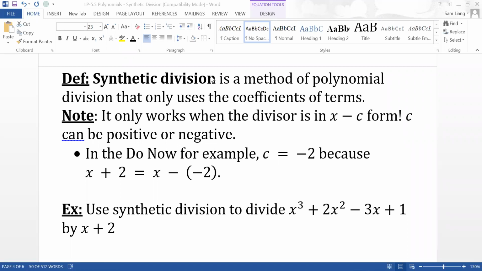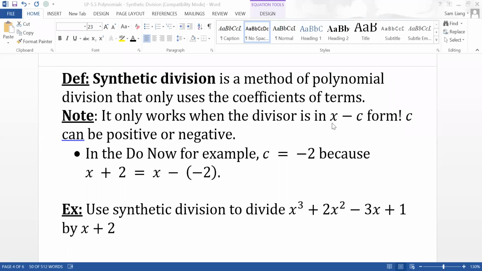All right, thank you for that. So it's another method of polynomial long division that involves the coefficients of terms. It's just a shorthand way. Essentially we're doing the same thing, except this time we're only writing the coefficients, and that saves time.